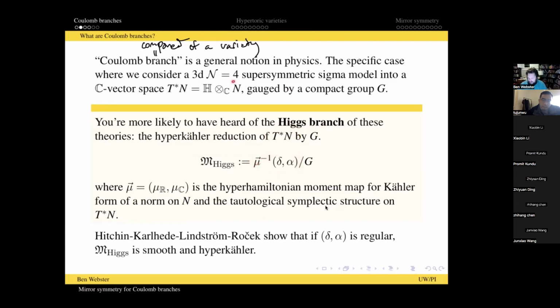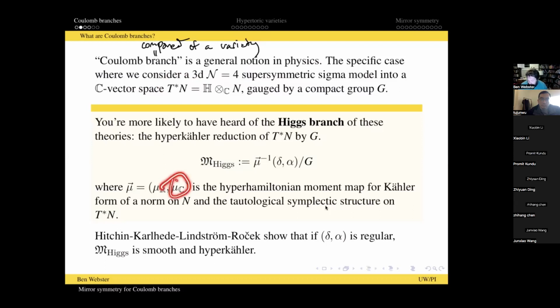This guy has 3 complex structures, given by I, J, and K in the quaternions. I choose a metric that's compatible with all of them. That gives me 3 symplectic forms, which I can package as mu R, the usual Kähler form for the obvious complex structure on this guy and my chosen metric.